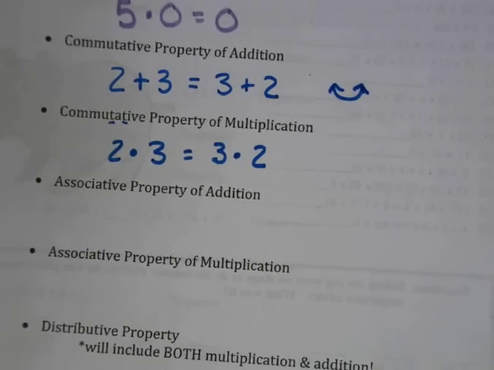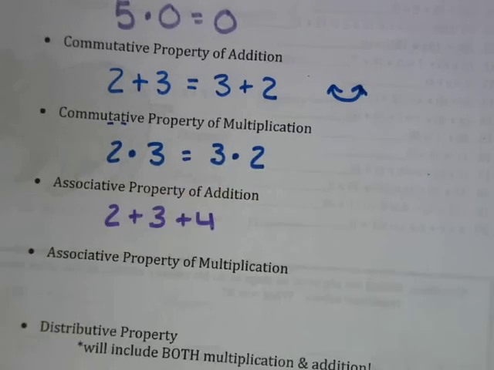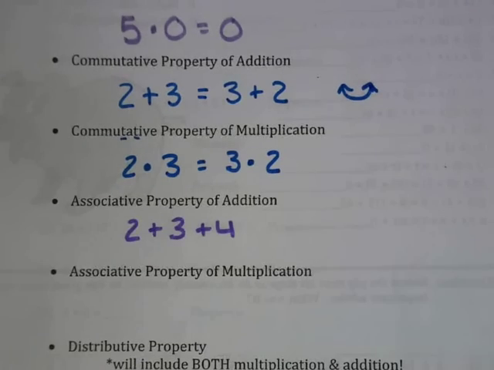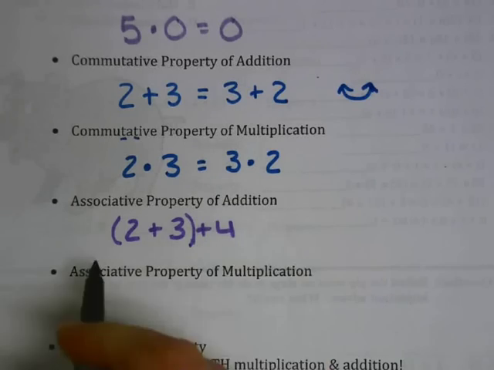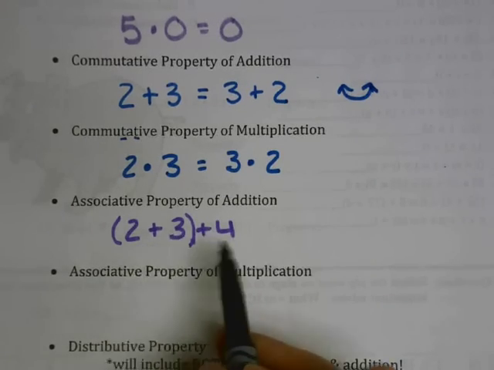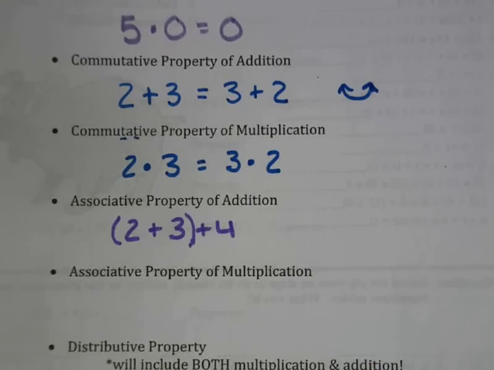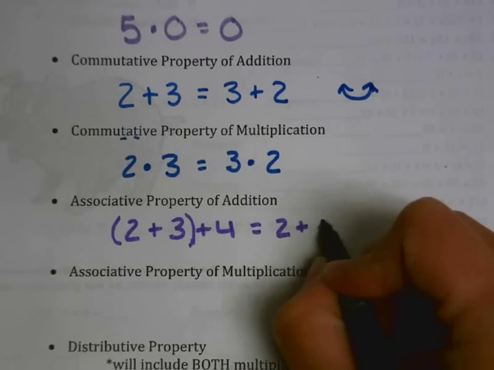All right. Then we get to the associative properties of addition. This means, let's say we have 3 things that we're adding up together. If I have 2 plus 3 plus 4, I can put parentheses around the 2 plus 3. And the order of operations would tell me I'd have to do that first. So I'd have to do 2 plus 3 first, which is 5, plus 4 is 9. But the associative property tells me that I can actually put those parentheses anywhere.